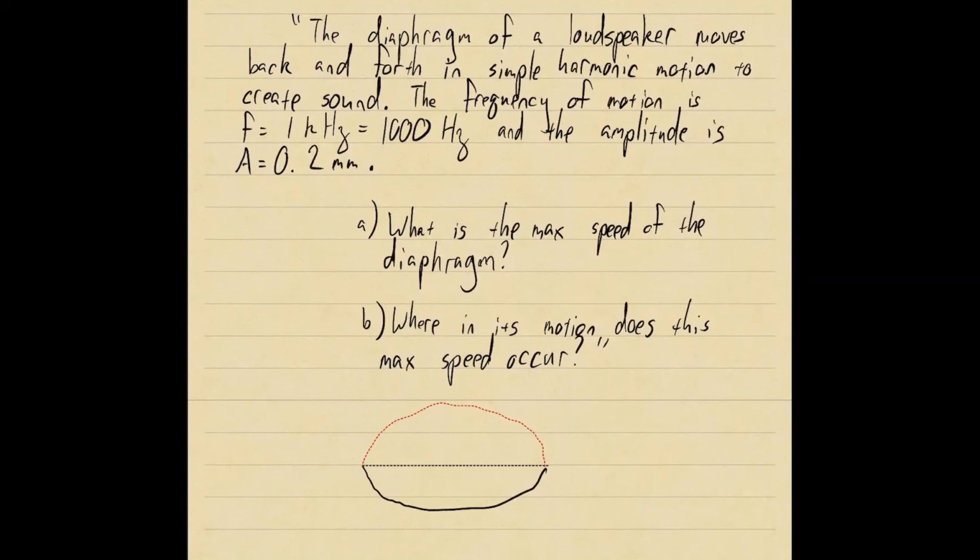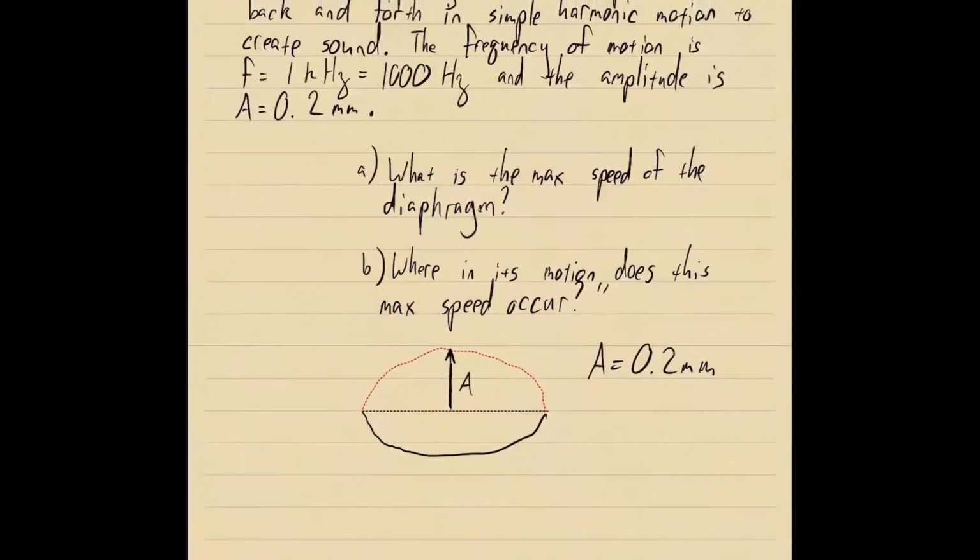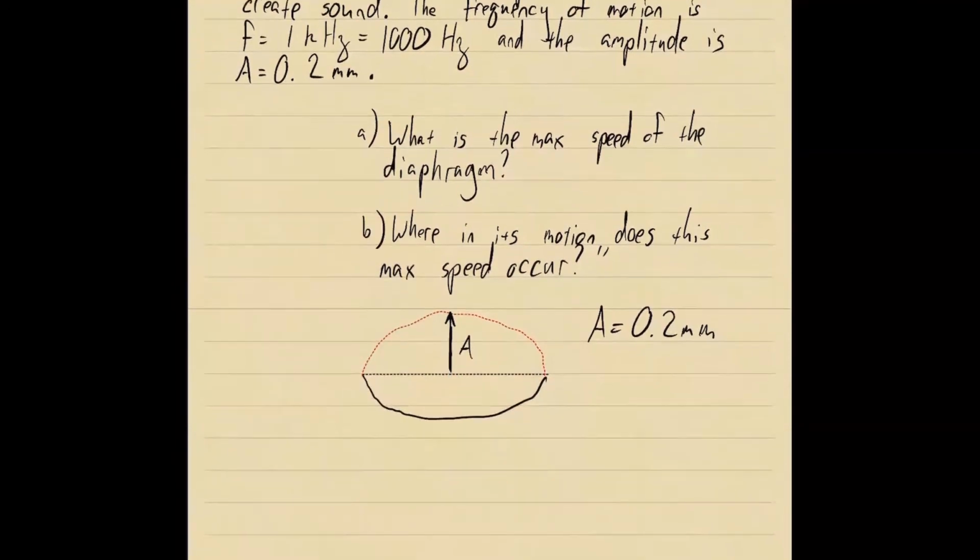I didn't draw this very symmetrically, but this distance between where it wants to be and where it actually ends up is A. We've learned that A is 0.2 millimeters. And furthermore, it jiggles back and forth 1,000 times a second, so the frequency is 1,000 hertz.